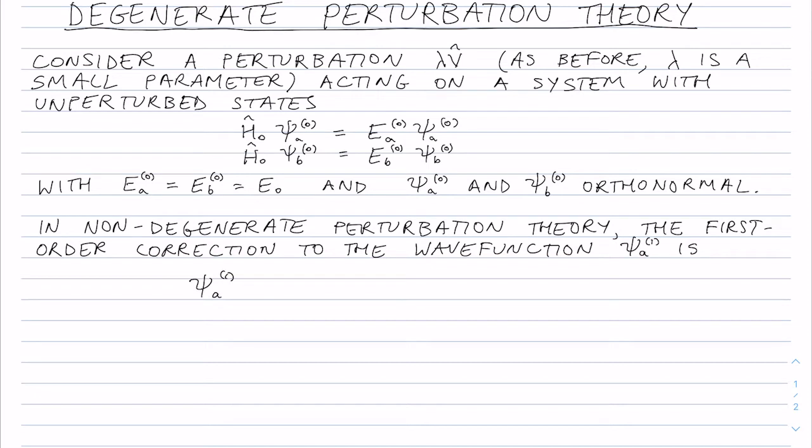Psi A1 is equal to the sum over all states m which are not equal to A of psi m naught, lambda V, and I think I wrote this in the last video as lambda psi A1, so I'll do that here as well.